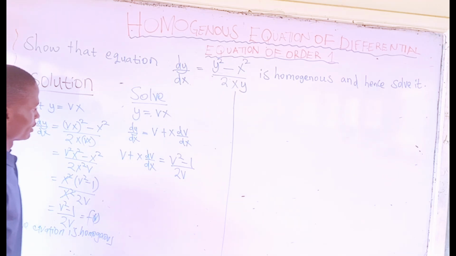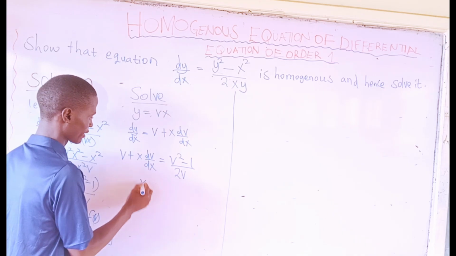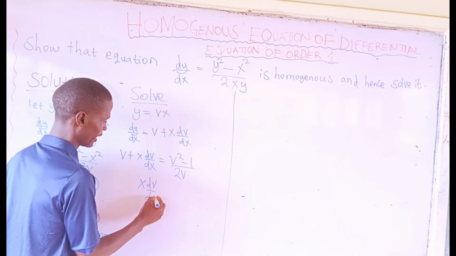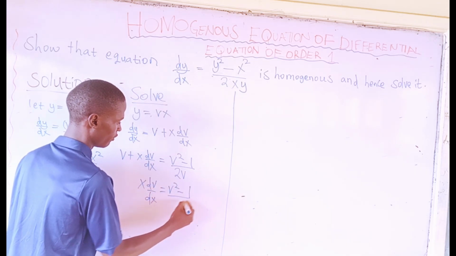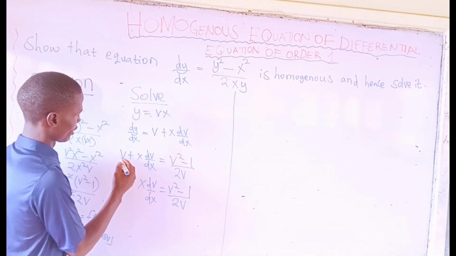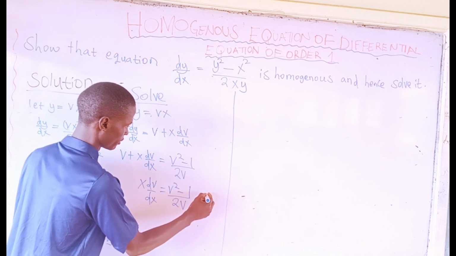After writing the equation, next step we are going to collect like terms, which will be x dv over dx equals v squared minus 1 over 2v. The v, if it moves to the other side, is going to be negative v.